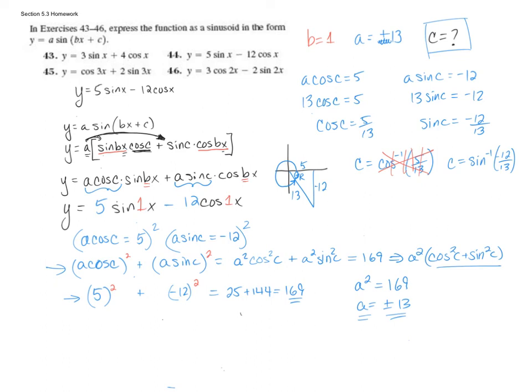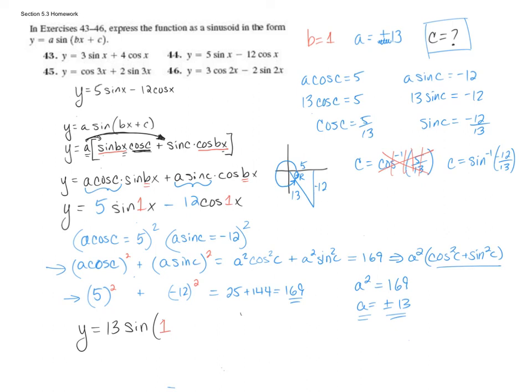So we can now say that we've established our B value, our A value, and a C value. Let's rewrite, as we were asked to do in the very beginning, y equals 5 sine x minus 12 cosine x in terms of y equals A sine bx plus c. So we can say y equals 13, we chose the positive 13, sine of B, which is 1, so I'll go ahead and write it in there.